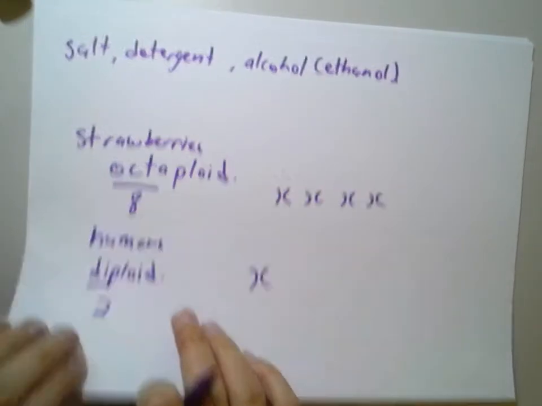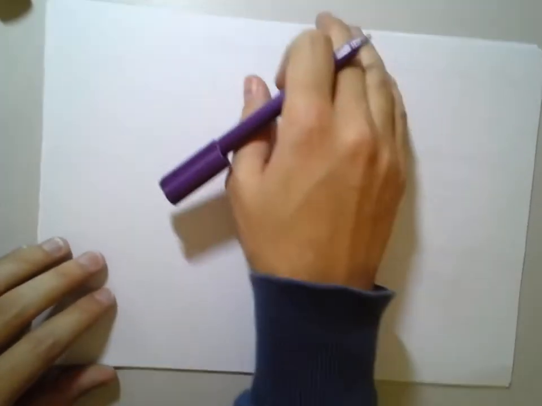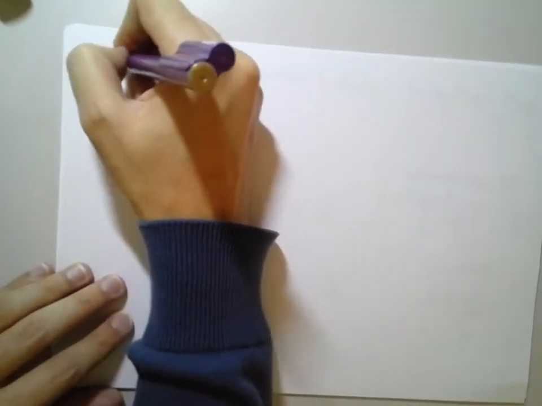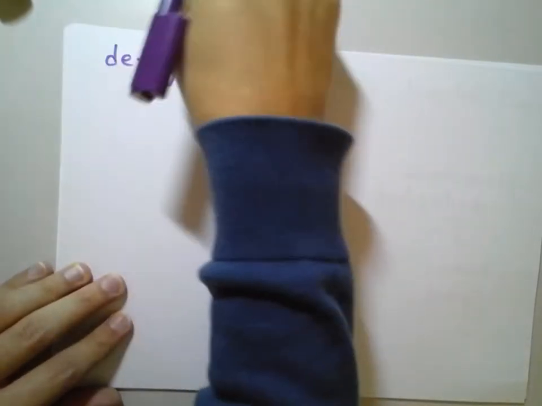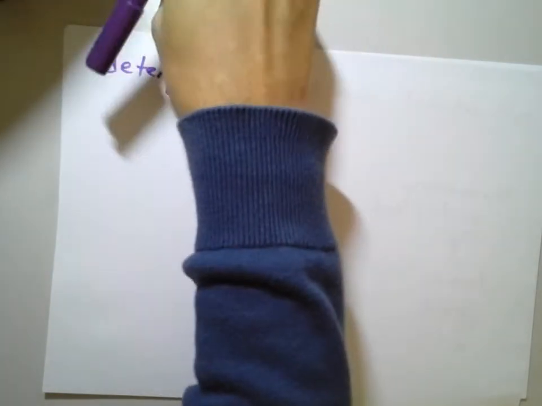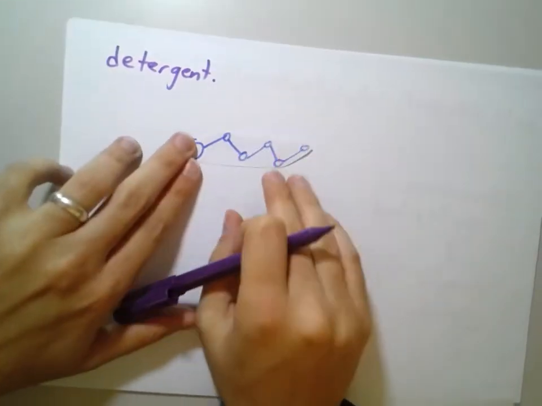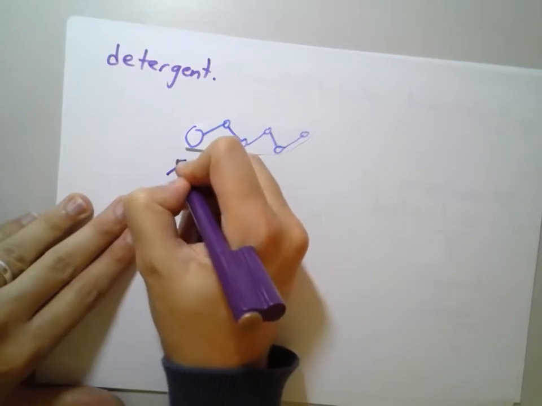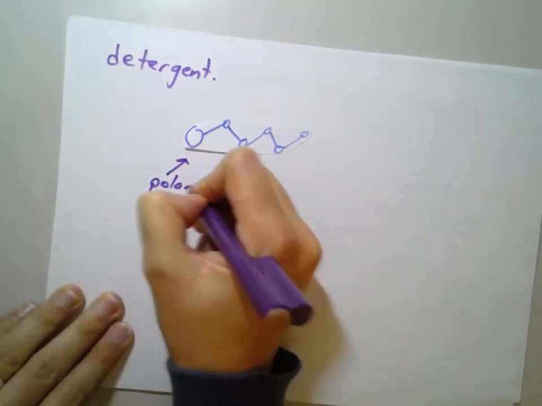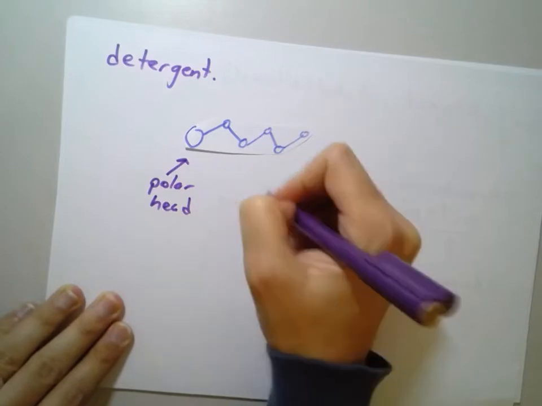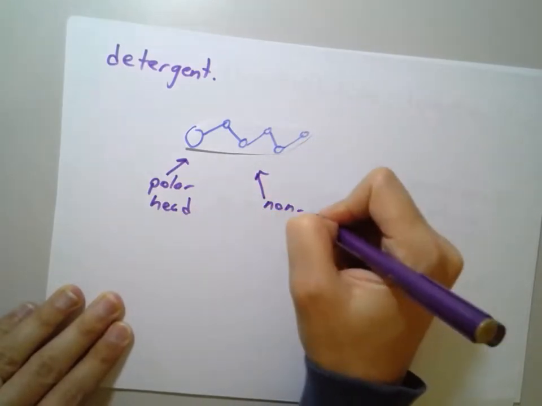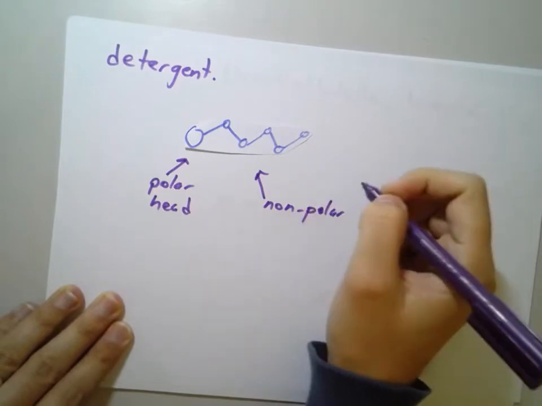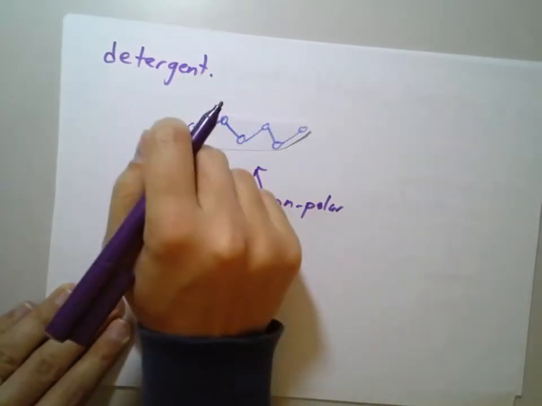Now let's get to the first reason. After we mixed our solution, we used a detergent. Detergents look like this. They have a polar head and a non-polar tail. What that means is the head is hydrophilic.